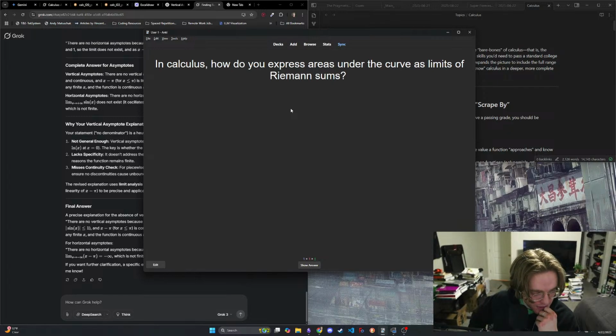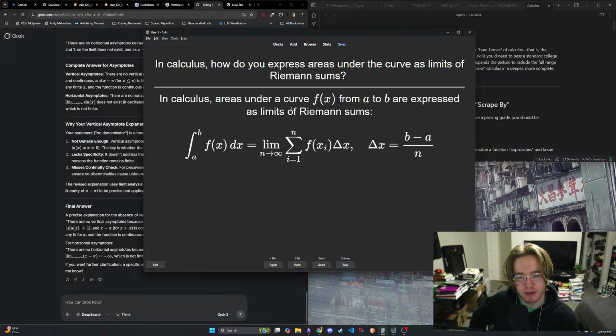And then you take the limit as the number of rectangles approaches infinity. I gave a conceptual answer. We will be learning more about this one, so I'm fine with pushing this one through.